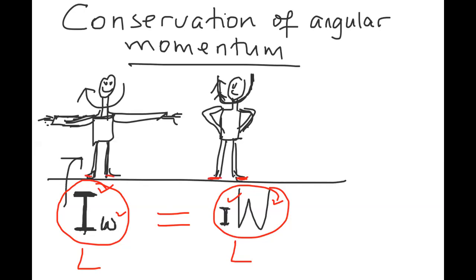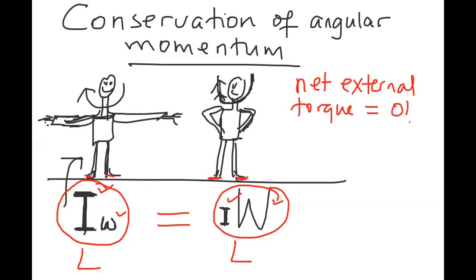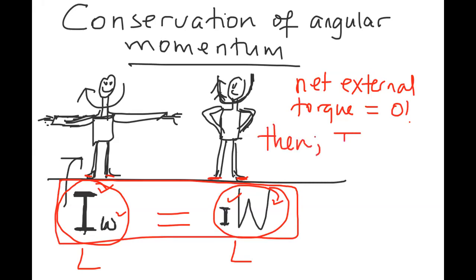So in other words, if we say that the net external torque is equal to 0, that means the product of I and omega will be the same. Okay. So net external torque equal to 0, then what? Then we see that capital I omega must be equal to small I times omega large.